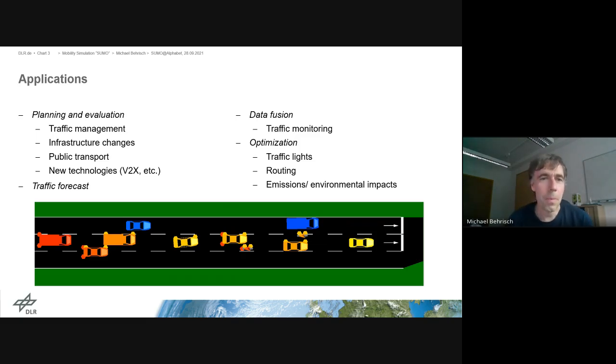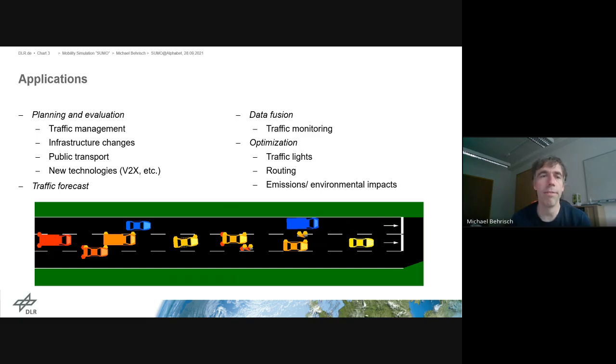Okay. So what do we do here? Or what is it for? We did not start to do this for automated driving. We started because we wanted to do traffic management. So really, the starting point was traffic flow simulation, as we call it.